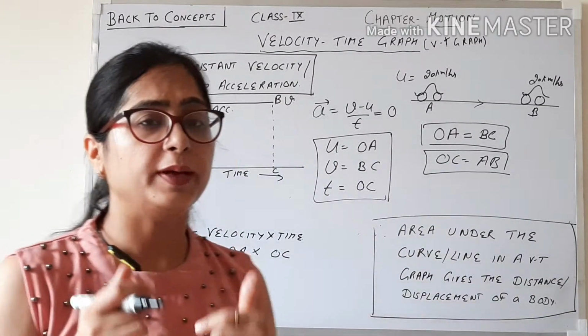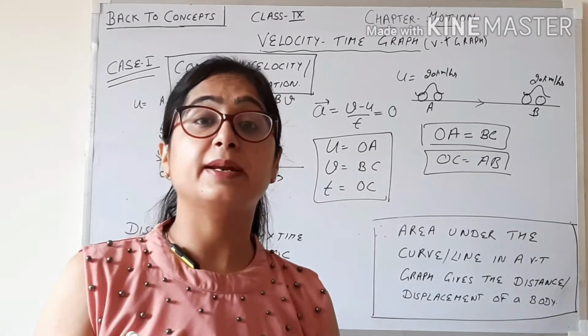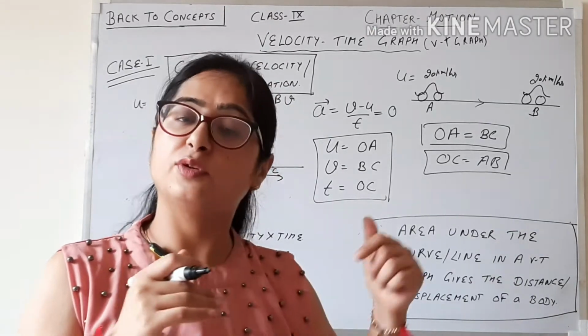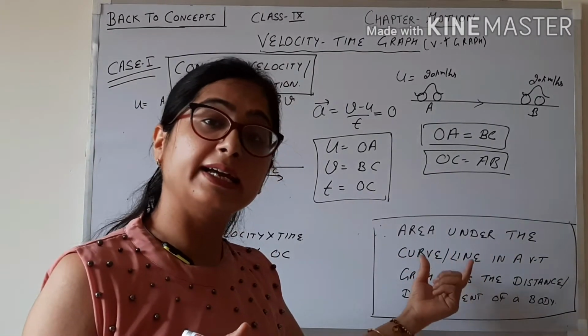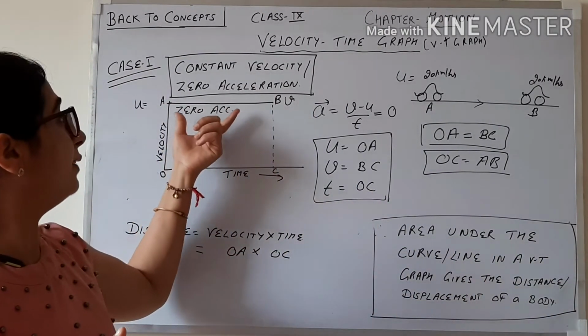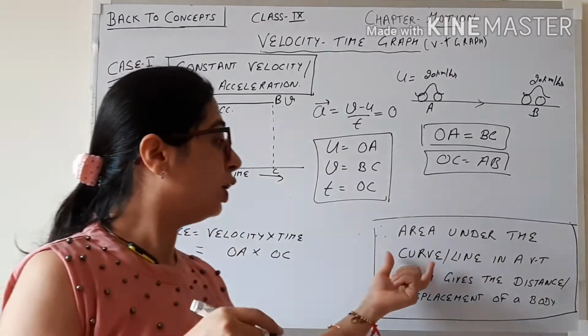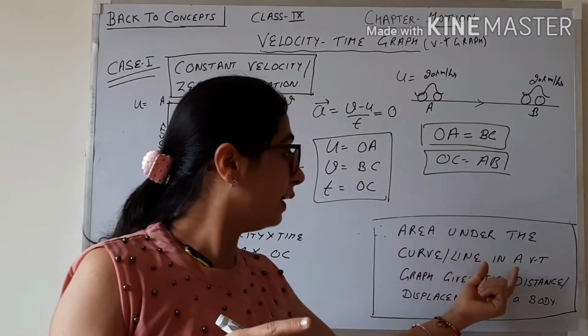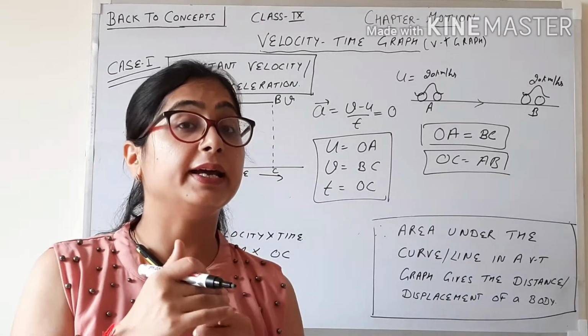So from here we conclude that in the velocity time graph, or in every graph, the curve or the line, here the graph is represented by a straight line because its velocity is constant, or it can be curved, gives the distance traveled by a body.